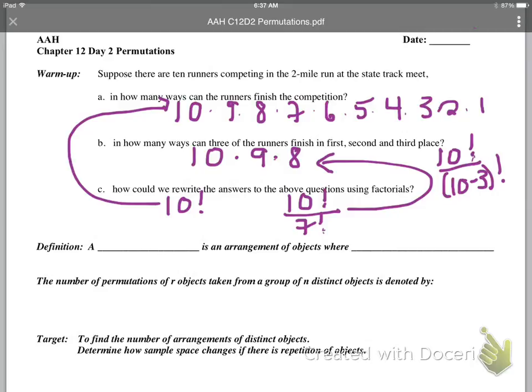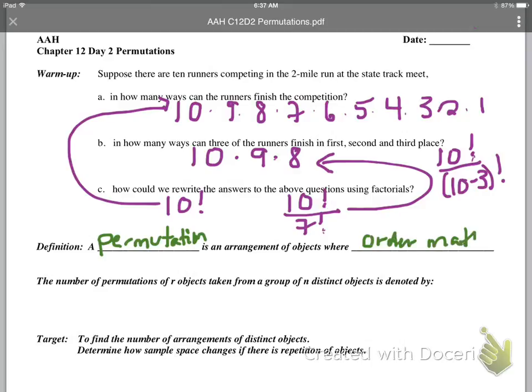Okay? What I just did is what is called a permutation. A permutation is an arrangement of objects where order matters.